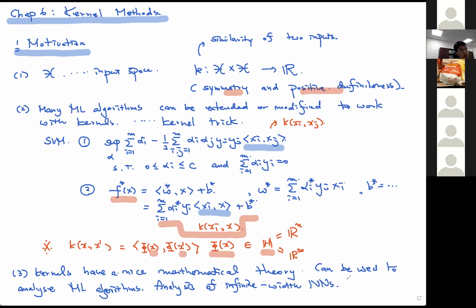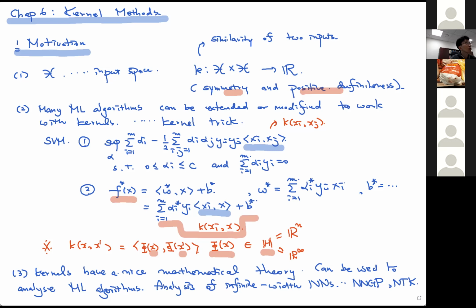We are not going to cover this, but if you're interested, you can Google NNGP, which stands for neural network Gaussian process, or NTK, neural tangent kernels, and you can get appropriate references on this topic.